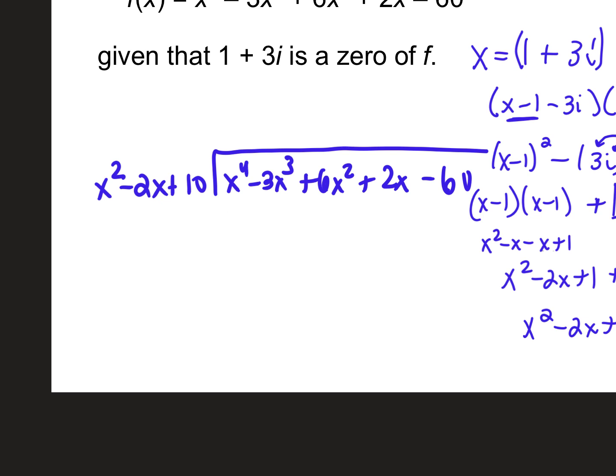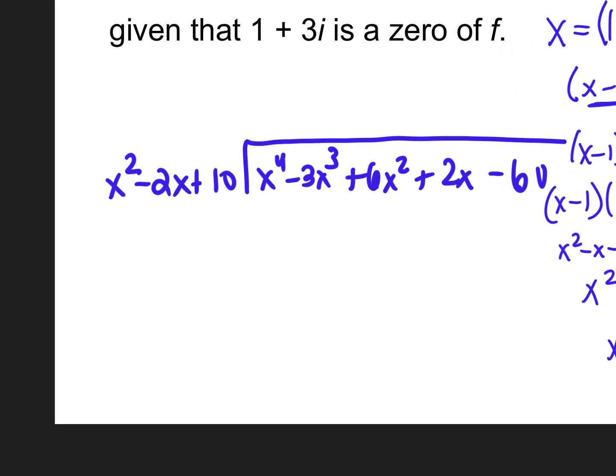They're going to give you one imaginary, you account for the conjugate. You multiply them together, and then we're going to divide. When you divide, you will not have a remainder. If you do, then you did something wrong, because what you're doing is undoing all of this. You're finding the zeros that are inside of here, so there's no remainders. Because if something is a factor, your remainder is 0.